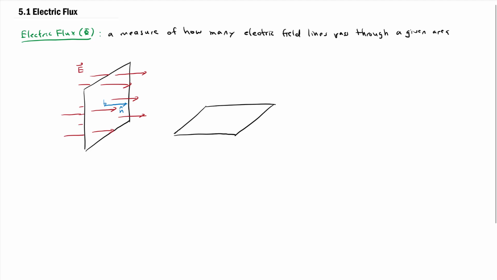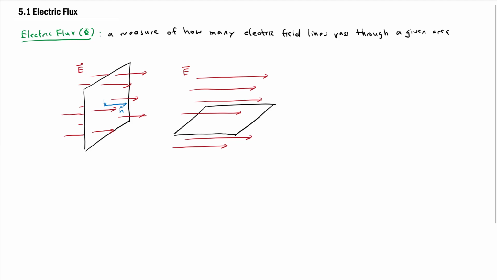So continuing on, let's use the exact same electric field. The electric field is going towards the right, and our sheet of paper is laying flat along the electric field lines.